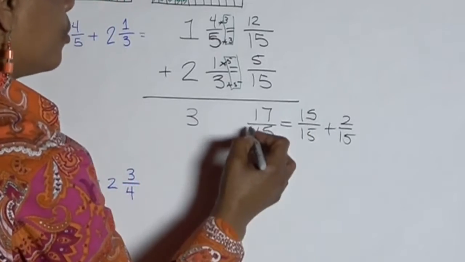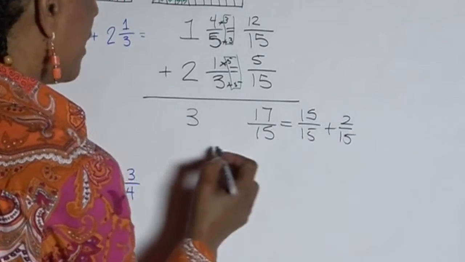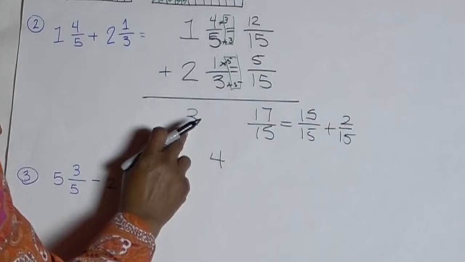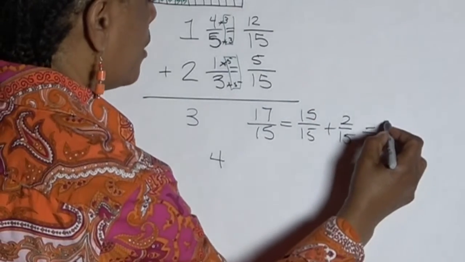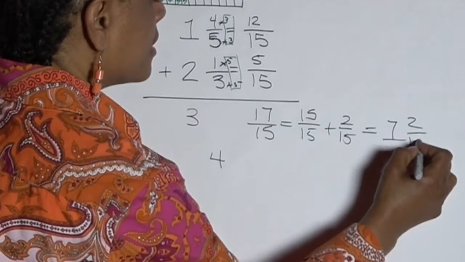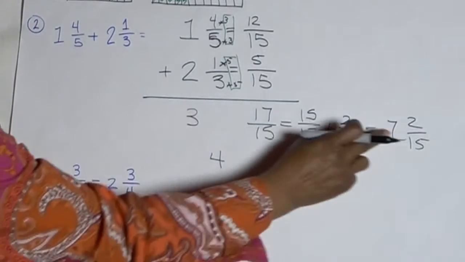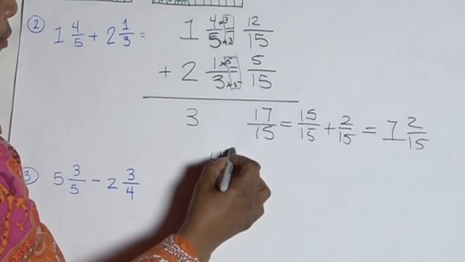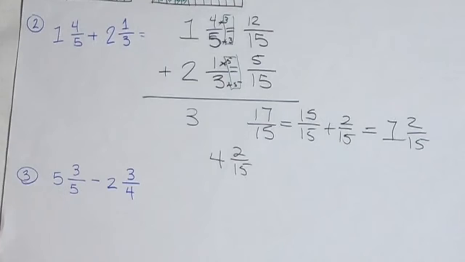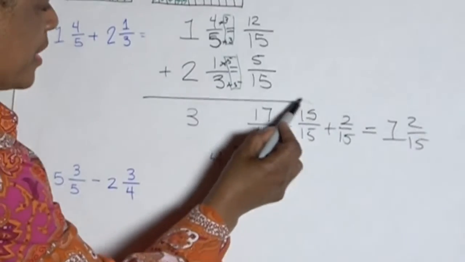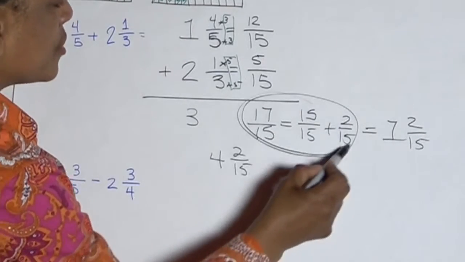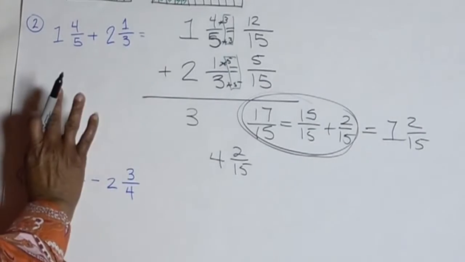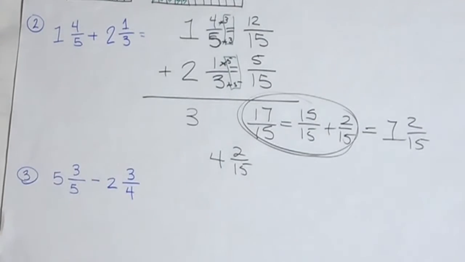That's what this is equal to. So now all together, I'm going to have 4, because that equals 1 and 2 fifteenths. So 3 plus 1 is 4 and 2 fifteenths. All right, so remember, this part is just here. The 3 is still a whole number by itself, okay?